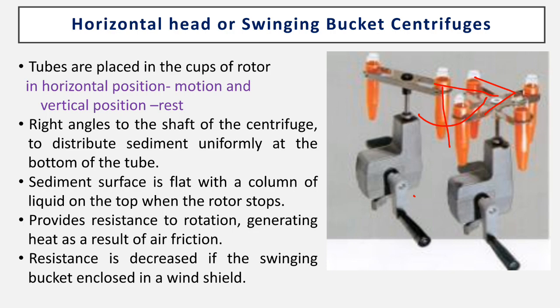This is the centrifuge shaft, and when we are working, it will come to a right angle, like 90 degrees, because of which the sedimentation formed in these tubes is uniform at the bottom. The sedimentation surface is flat with a column of liquid on the top when the rotor stops.